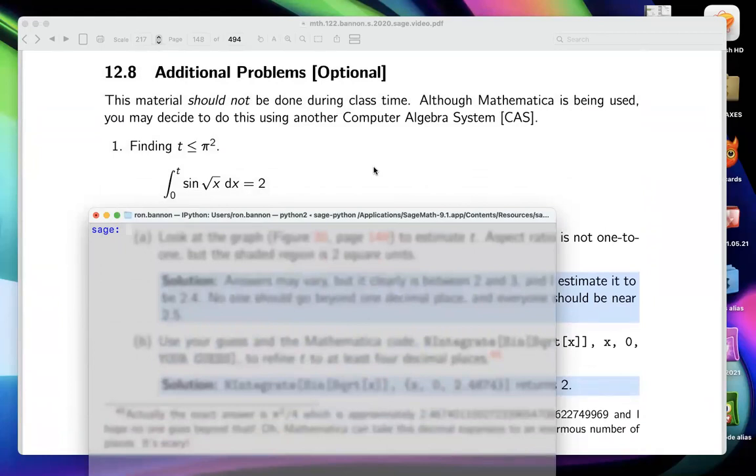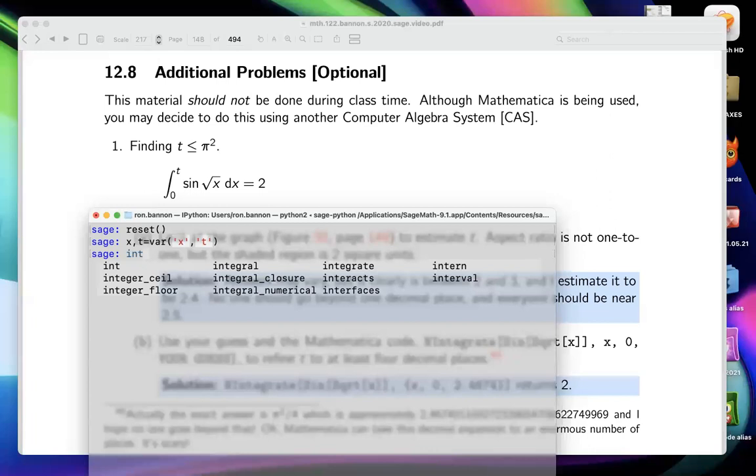All right. So I'm going to type in integrate. First of all, let me reset what I've always been doing, right? And I'm going to set x and t to be variables. We've been doing this for some time now, and I'm hoping you're sort of familiar with what we're doing over here. And I'm going to try to integrate. Remember, if I don't remember how to integrate, I go INT and then try to use the tab button and scroll through it.